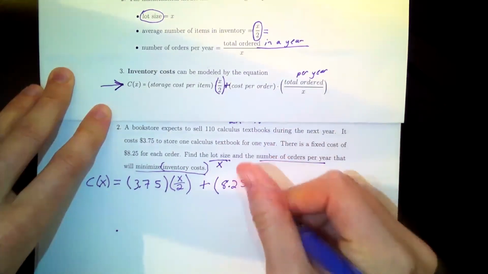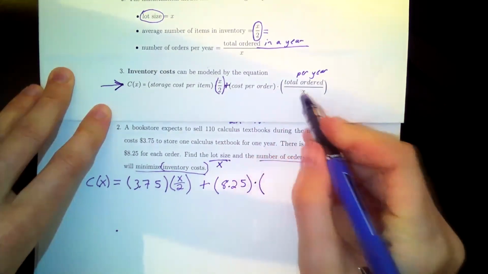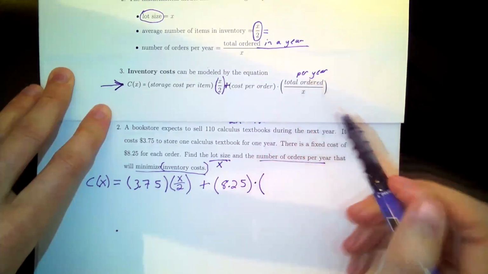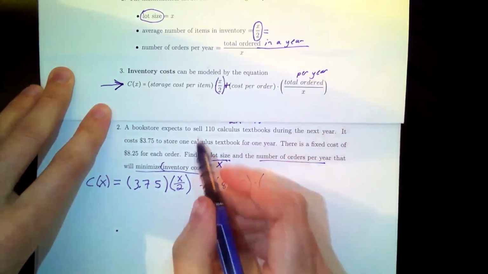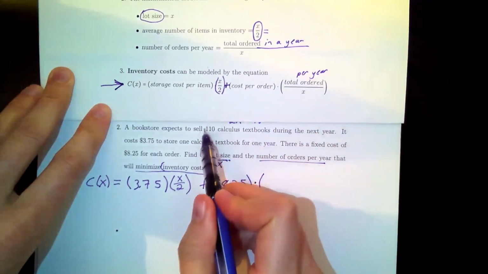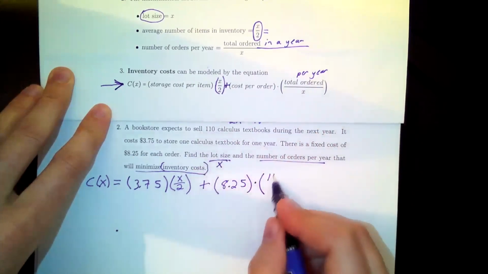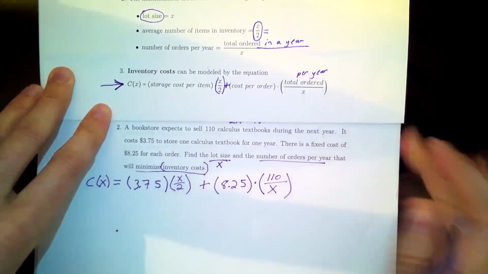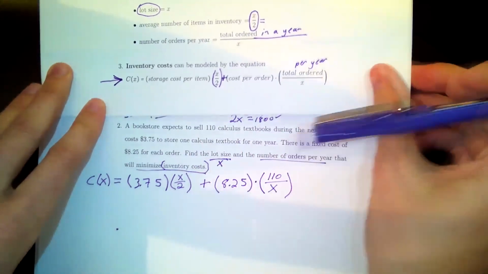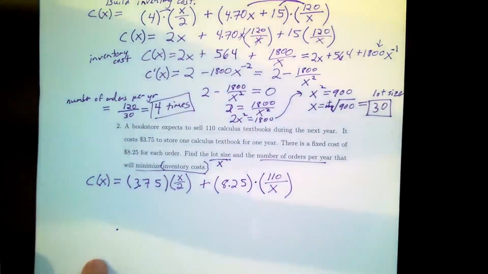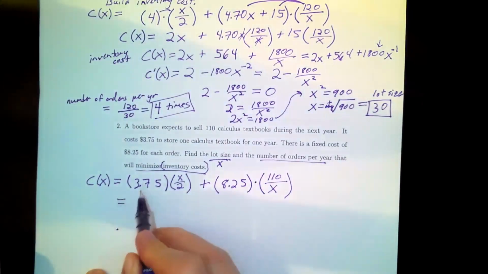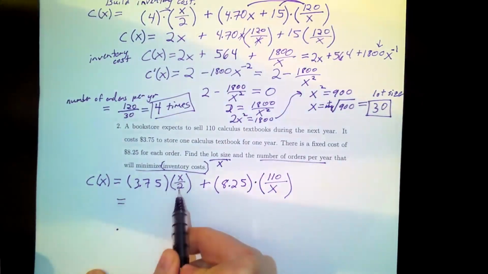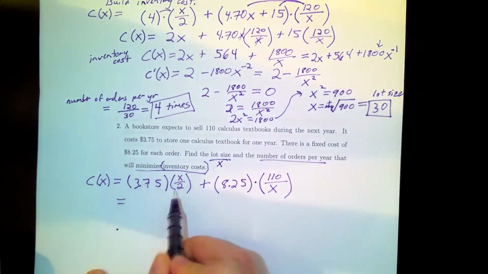I don't have to multiply by X. The total ordered per year, that's how many I expect to buy throughout the year, or sell throughout the year rather. And they said that would be 110. So you'd have 110 divided by X there. So this is my inventory cost function. Let's simplify it. I'm going to have 3.75 times X divided by 2. So what's 3.75 divided by 2?